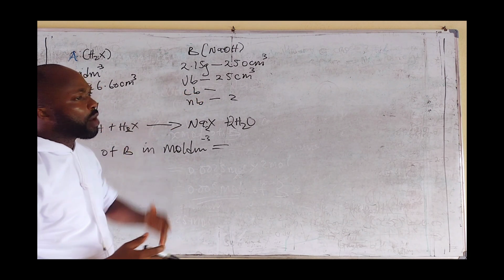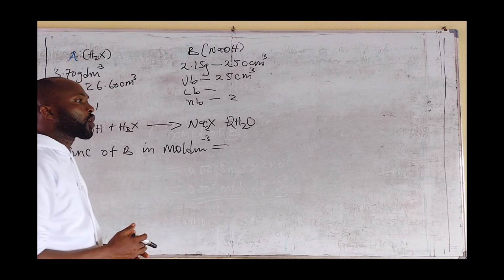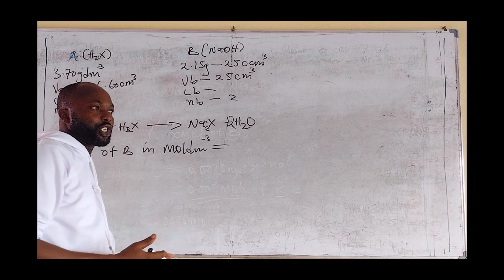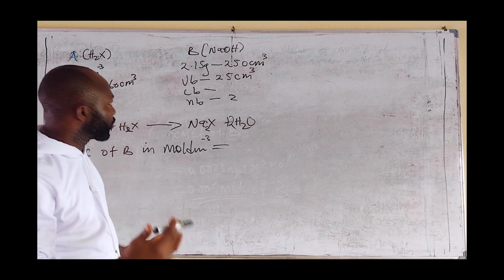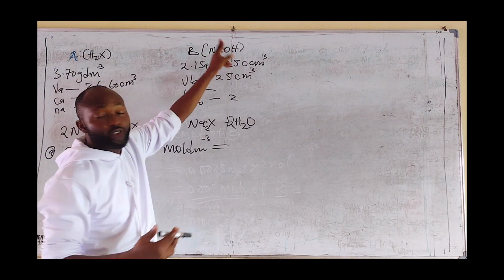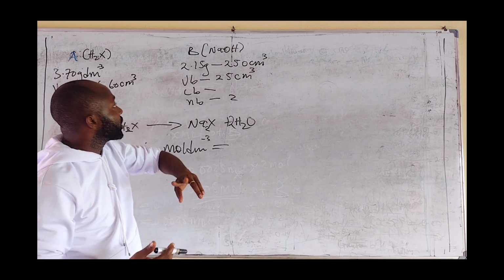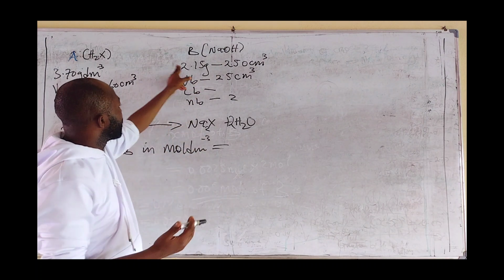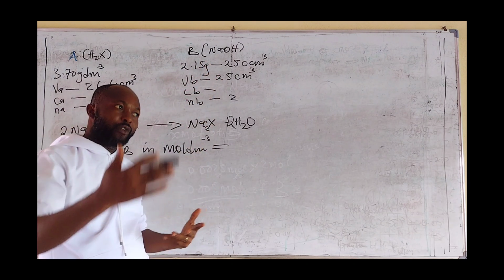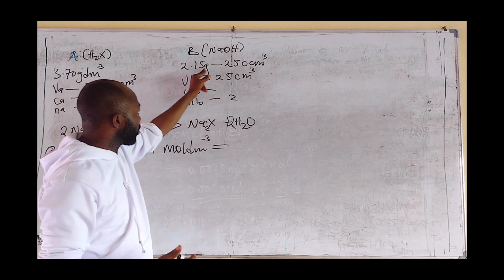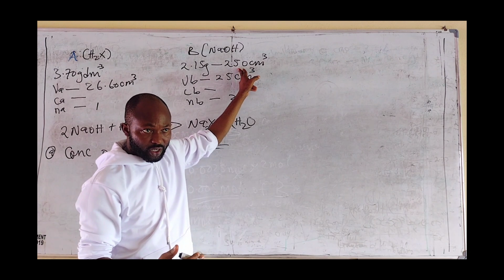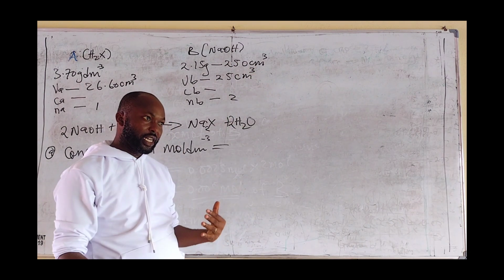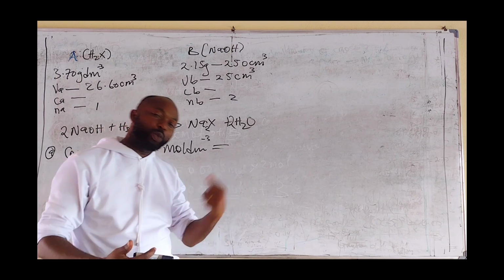There's another way which we can do it. Concentration of the base or molar concentration is equal to mass concentration over relative molecular mass. We can get the relative molecular mass of sodium hydroxide, which is 40, but the mass concentration is still not given. But we can use the formula mass over volume in dm³, because they give us the mass and the volume, to get our mass concentration of the base. Then we can proceed to get the molar concentration of the base.